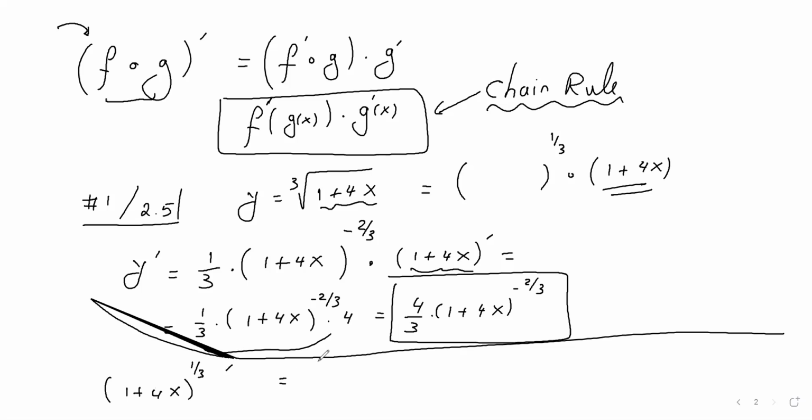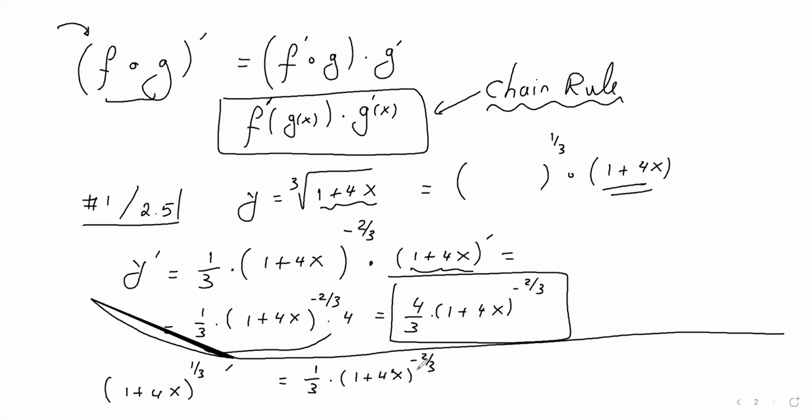And what we did, we treated this as if we were just simply doing the derivative of a power. So 1/3, 1 plus 4x to the negative 2/3, because 1/3 minus 1 is negative 2/3.